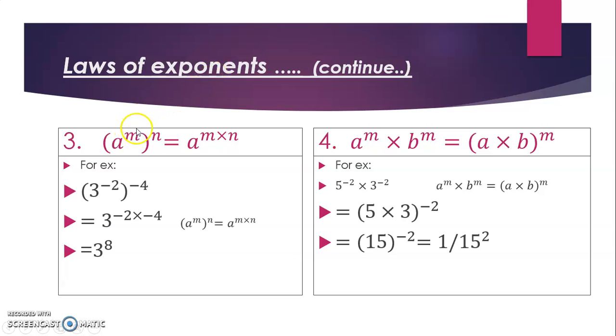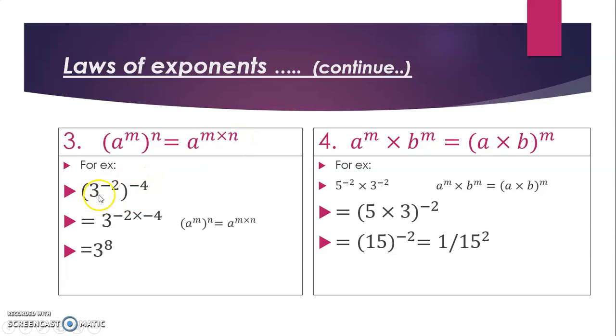So m is the inner index, inner power or inner exponent for the base a, and n outside the bracket is the outer index or outer exponent of the base a. In that case you can remove the brackets of the base and multiply both the exponents, the inner index multiplied with the outer index.